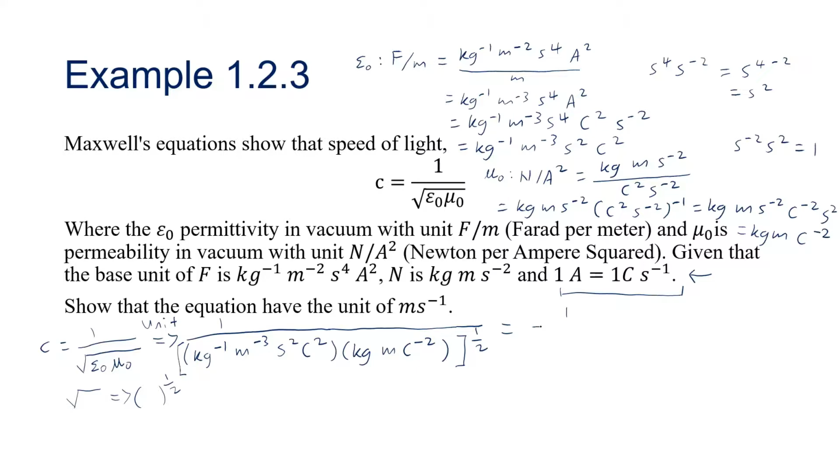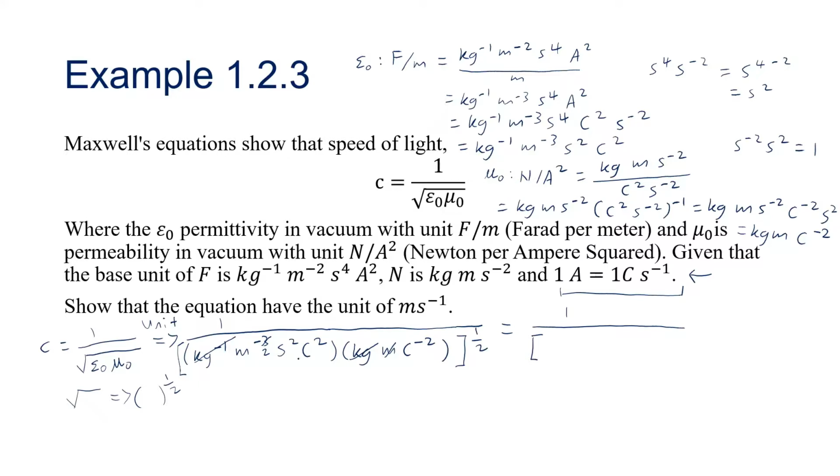This is equal to 1 over, you can see here, the kg to the power of negative 1 multiplied with kg, we just get 1, and here we can cancel 1 m.